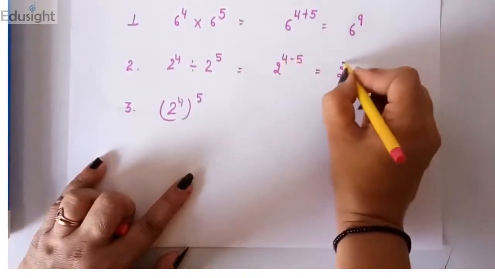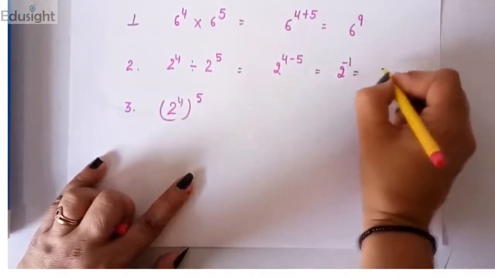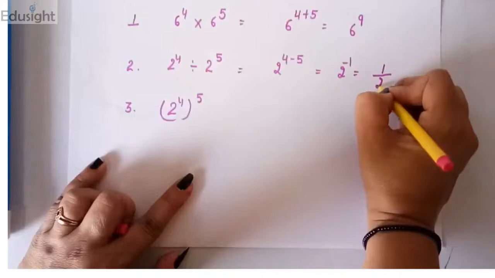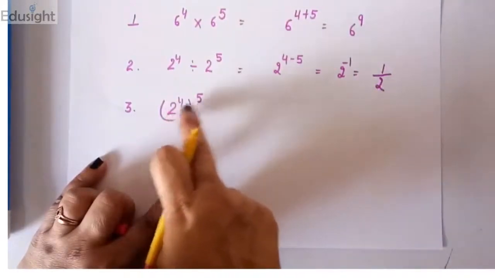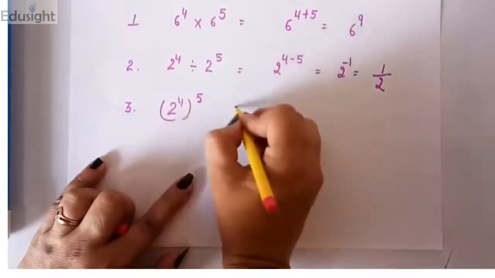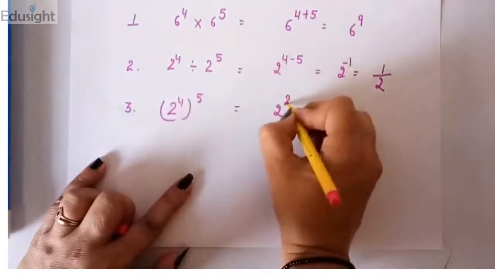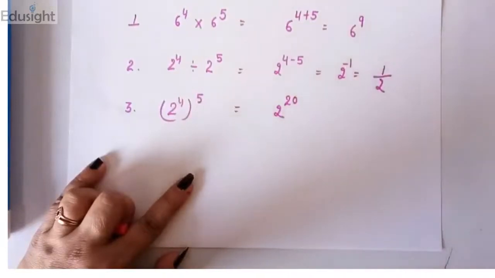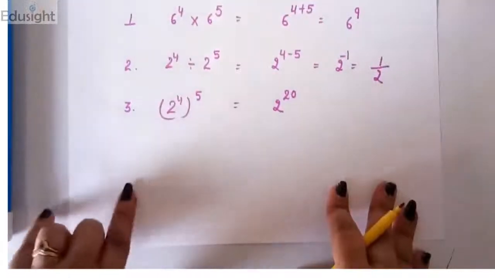So 2 raised to power minus 1. 2 raised to power minus 1 can be written as 1 upon 2. Here two powers together, so we have to multiply. 4 5s are 20. So in this way you have to solve the exponents.